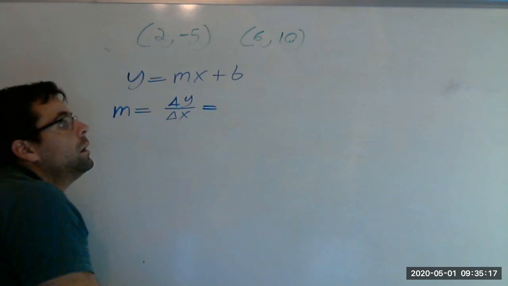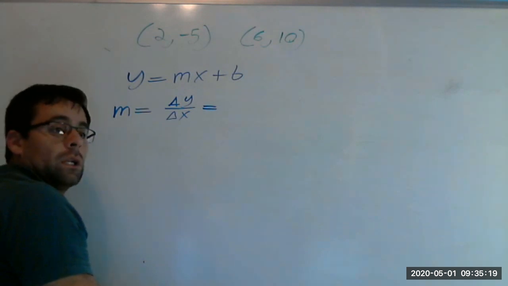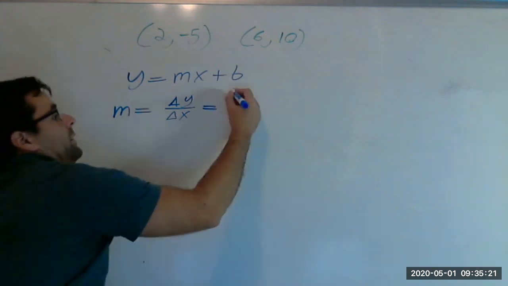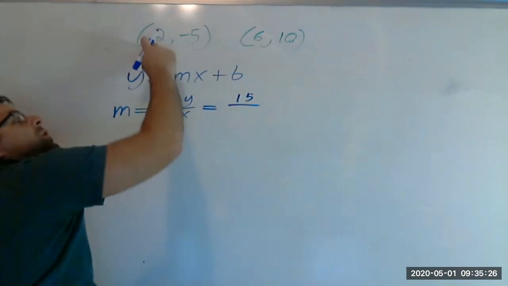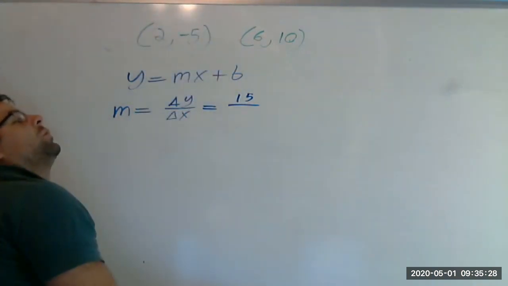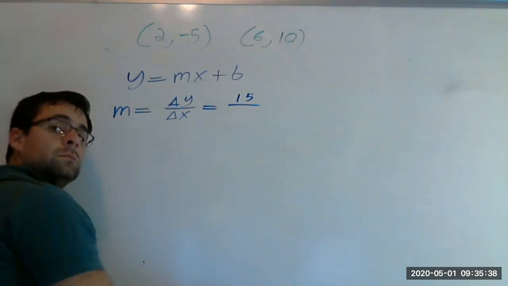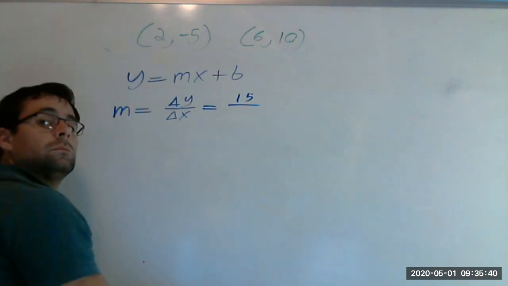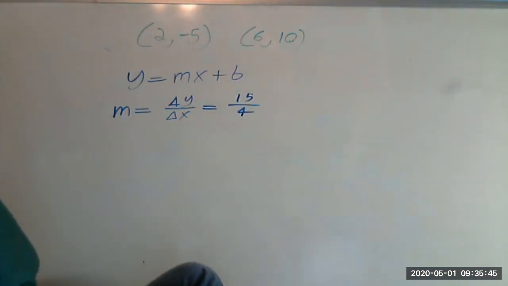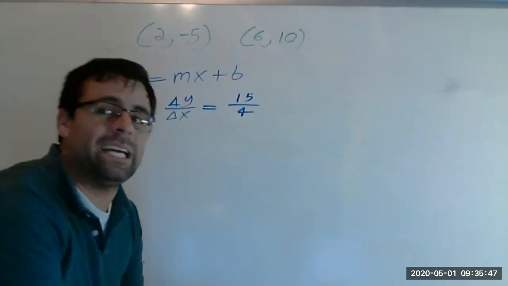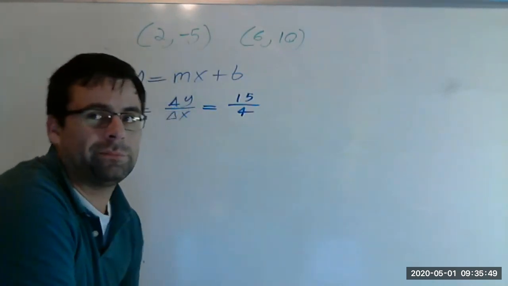It's 15. To go from 2 to 6, how far do you have to move? 4. So at this point, you would simplify that down if you can, but you can't.